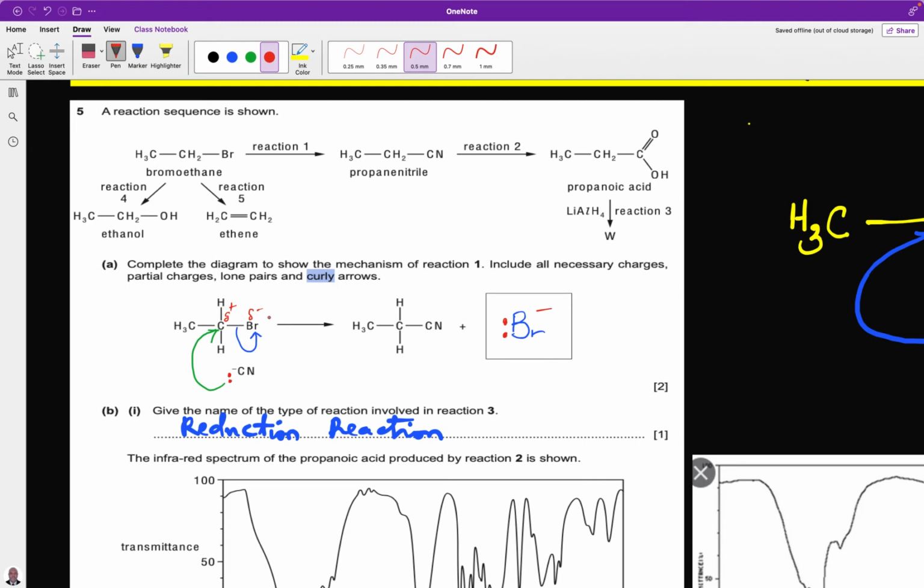So you now see that sodium hydroxide is used here everywhere.